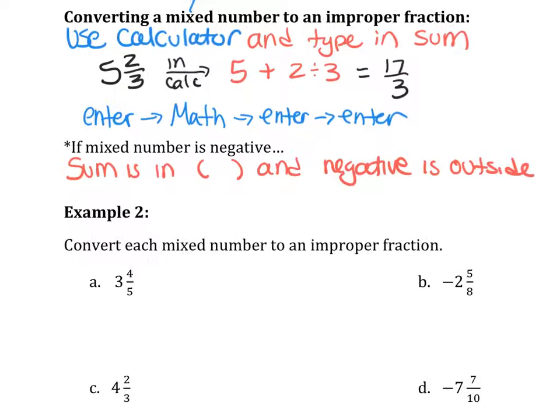So for example, if we had negative 5 2/3, we wanted to convert that to an improper fraction. In the calculator, you would type your negative, then a parenthesis before you do your sum. Because that negative goes to the whole mixed number, not just the 5. So you got to make sure the negative is outside of the parentheses.